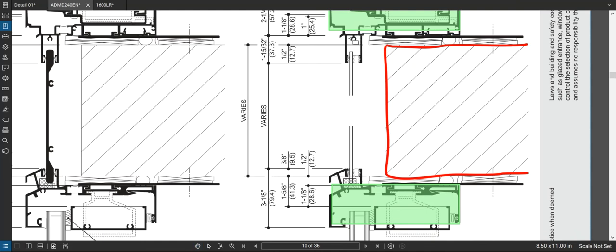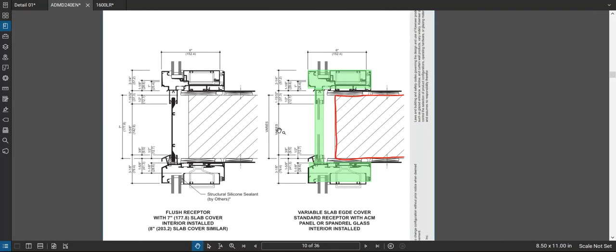So, in a nutshell, it's just a less structural capable system. So these window wall systems can't span great lengths like you can with a curtain wall system. So from the outside, it looks like the same thing, but it's not quite the same thing.